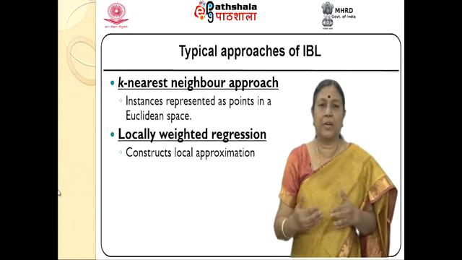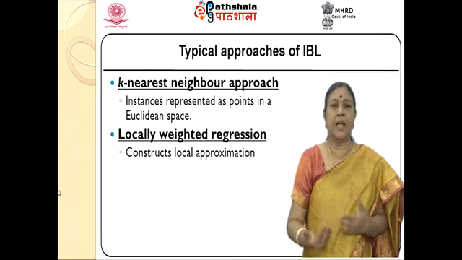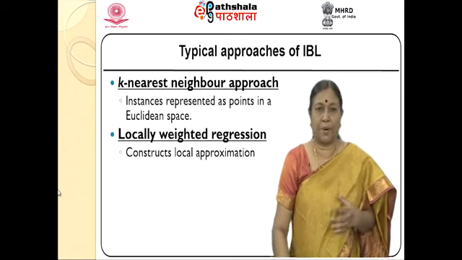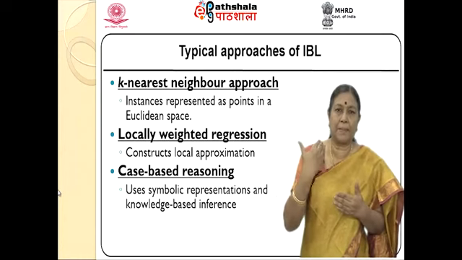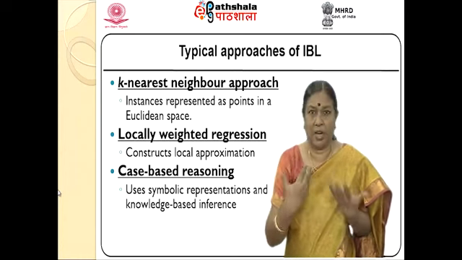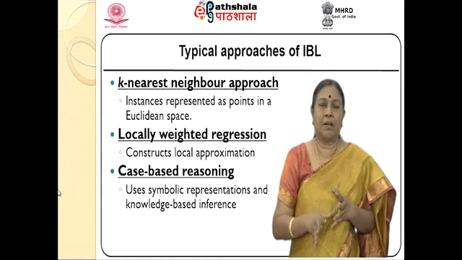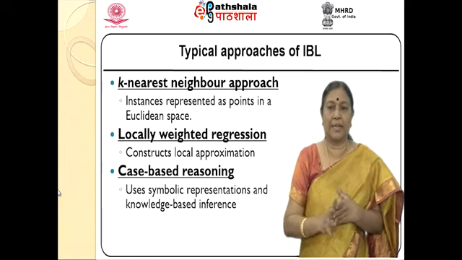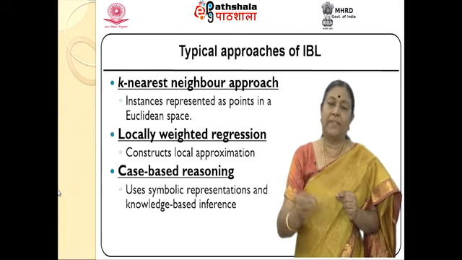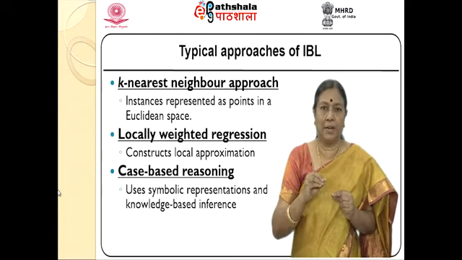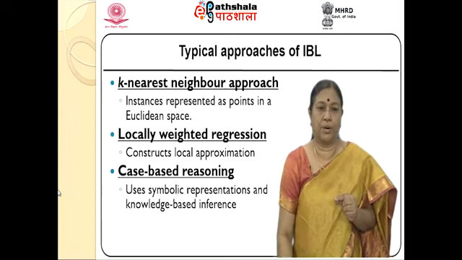And then we have the locally weighted regression method, which will construct a local approximation, and then we have case based reasoning, where we use symbolic representation for knowledge based inference. So, all these are called instance based learning methods, of which we are going to look at the nearest neighbor approach, and then we will talk about k nearest neighbor in detail in the next module.